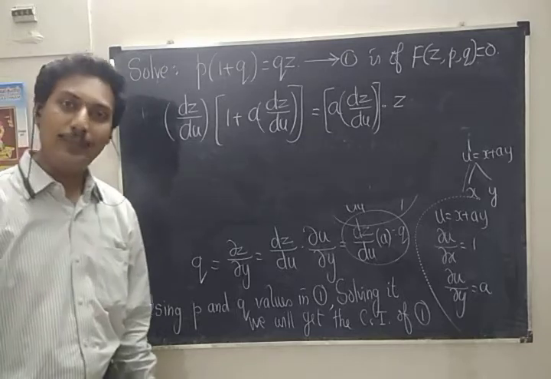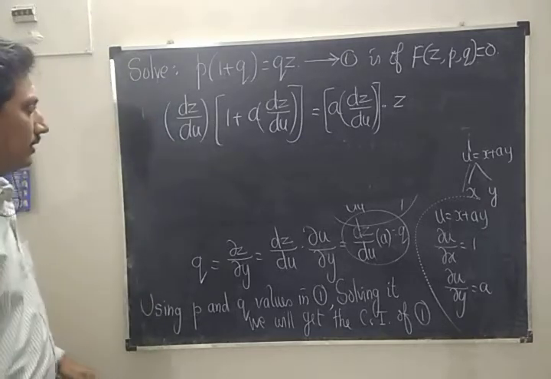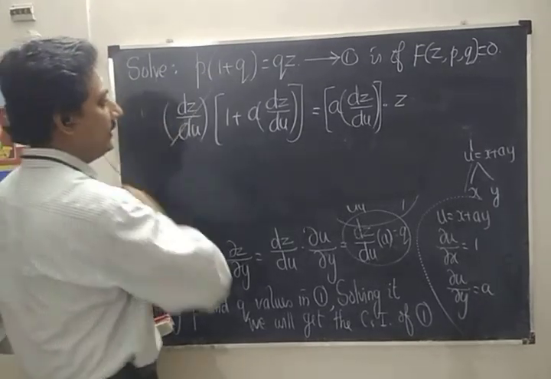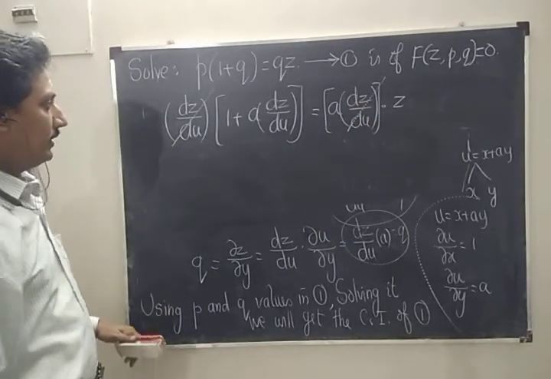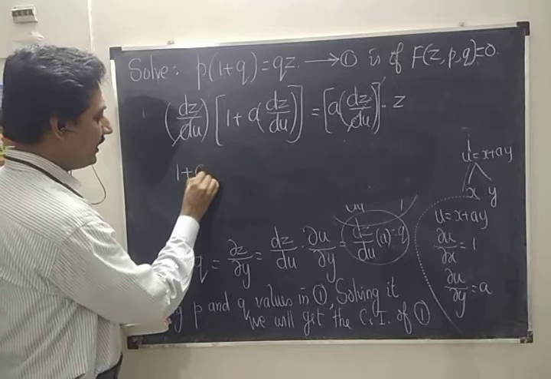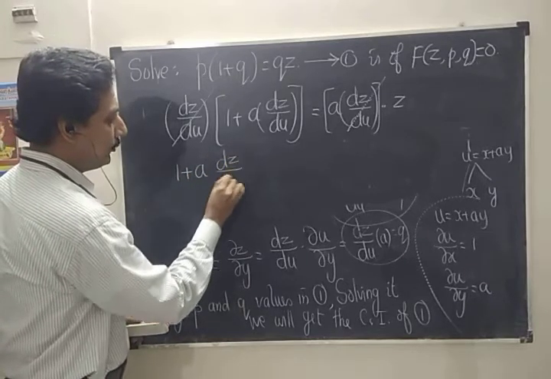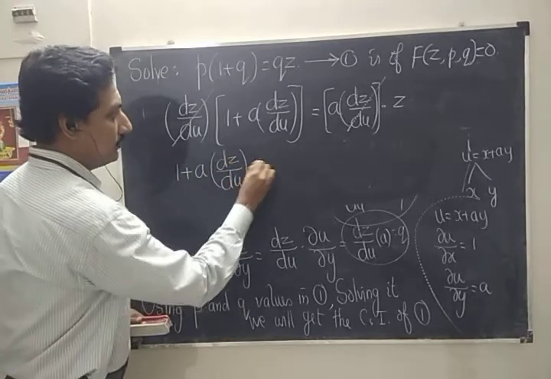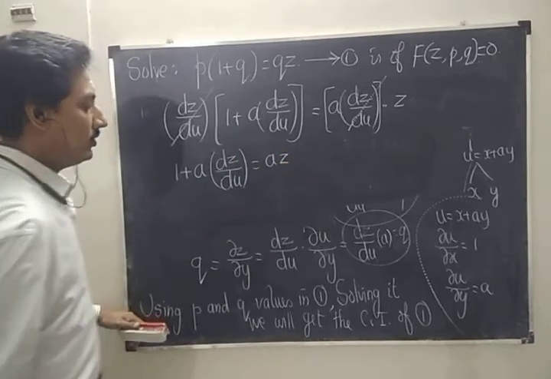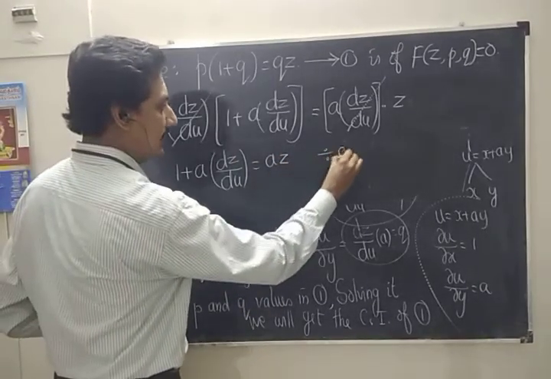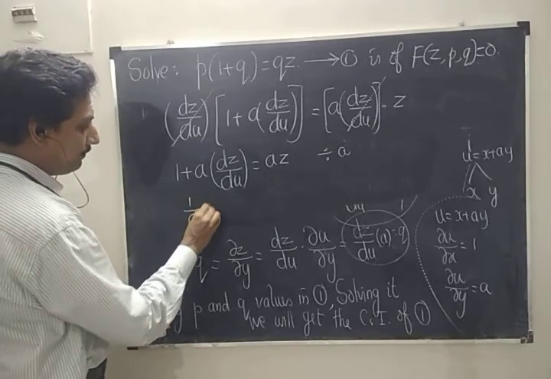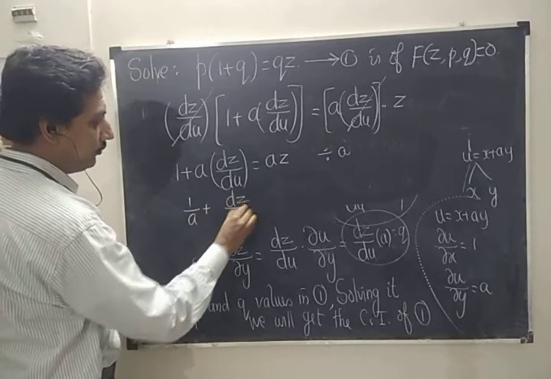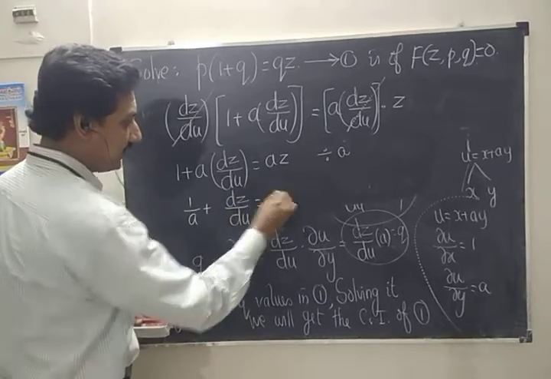Now let us group this equation. Before going to that, I found that dz by du is common on both sides, so I can cancel it first. Then the rest of the term is 1 plus a into dz by du is equal to a into z. So let us divide throughout by the constant a. I am getting 1 by a plus dz by du is equal to z.